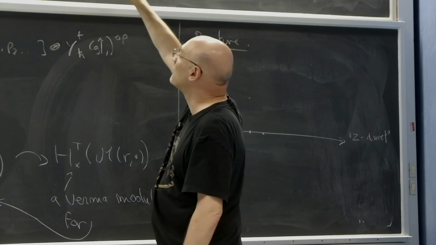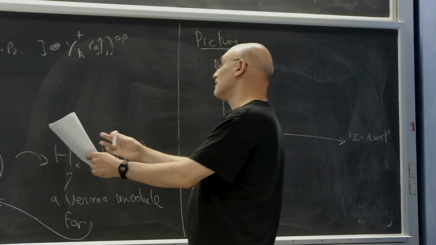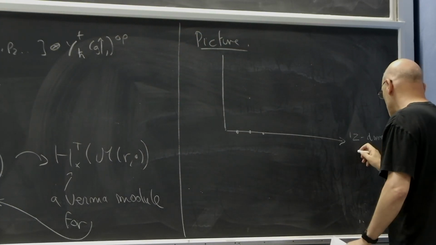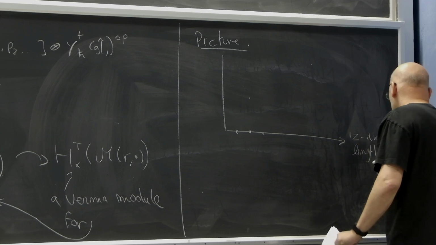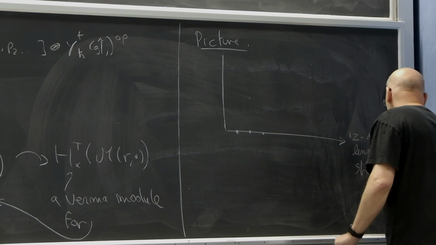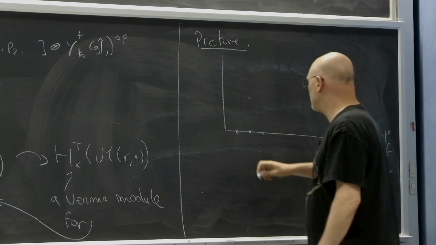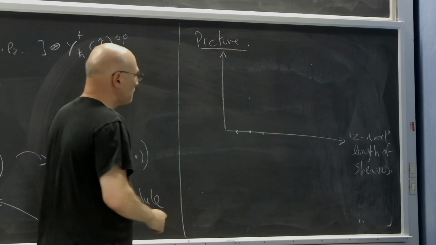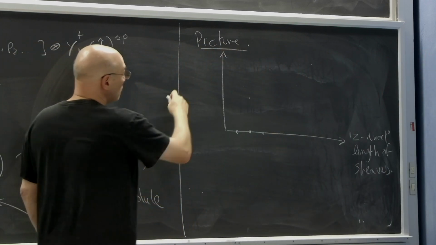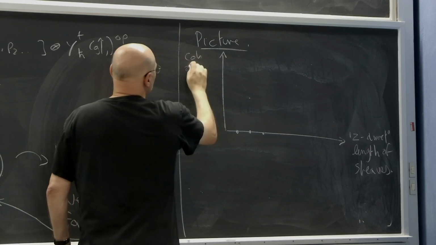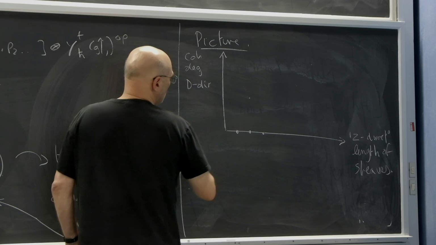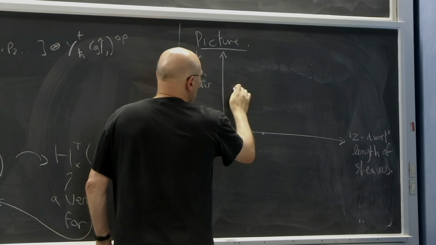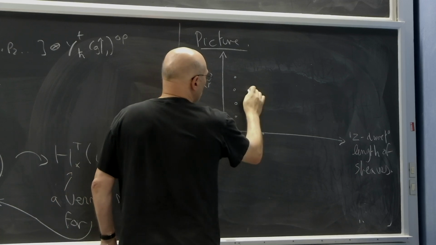The stack of coherent sheaves of finite length is a disjoint union over all the length. So this is length of sheaf. And in this direction, we have the homological degree, if you want. And this is the d direction. And the generators are in this quadrant.